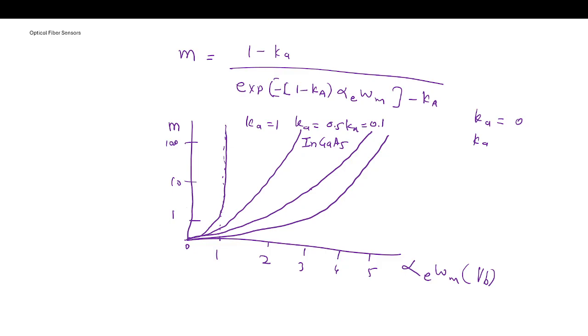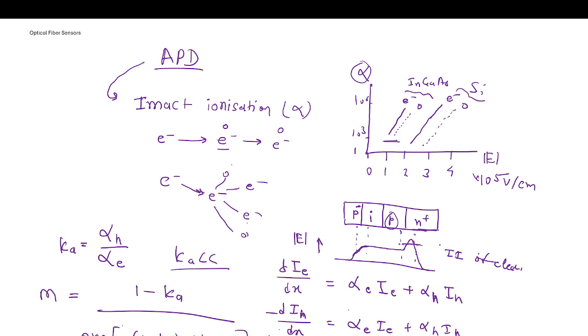Are you understanding? So the multiplicative gain directly depends on the impact ionization ratio, which is alpha H upon alpha E. The impact ionization of electrons will be generated if you have this kind of region above this region, otherwise it will not generate.